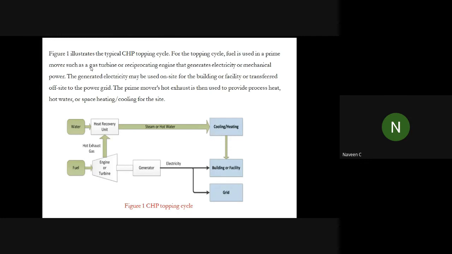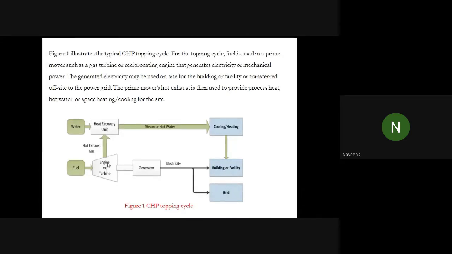Very simple. Topping cycle means initially the fuel will be given to the turbine. The turbine will give kinetic energy to the generator. So the generator will generate the power and supply it to the grid and building facility.